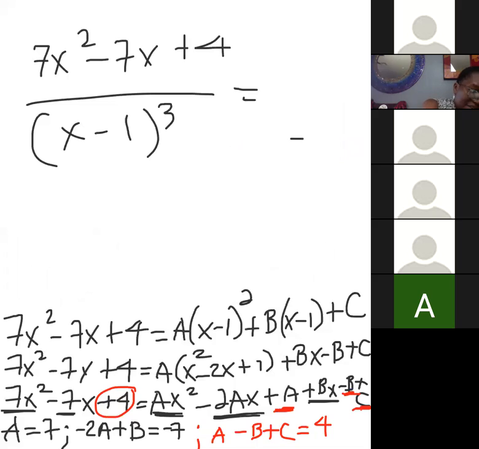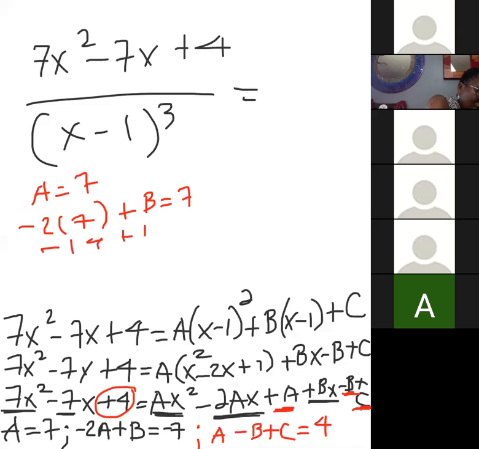If we already have the value of A, and we know negative 2A plus B is equal to 7, and A is already equal to 7, we would take that A value, plug it in, and work it out. So negative 14 plus B equals 7. So it looks like B is going to be 21.